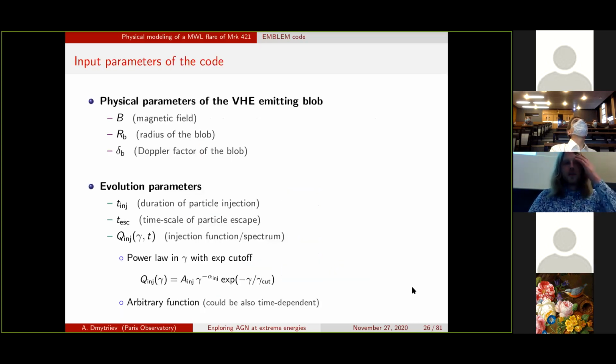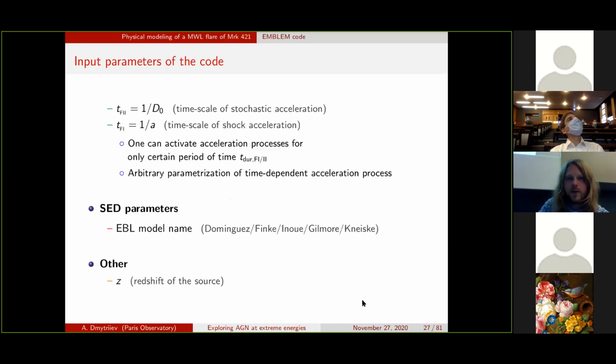So the input parameters: there are physical parameters of the blob, like its magnetic field, radius, Doppler factor, and evolution parameters like time scales of injection and escape. Then you can specify explicitly the injection function. It can be a power law or with a cutoff, or it can be an arbitrary time-dependent function. Also time scales of acceleration.